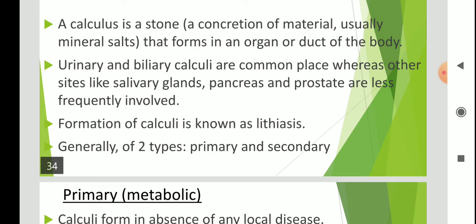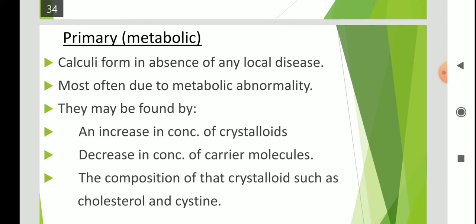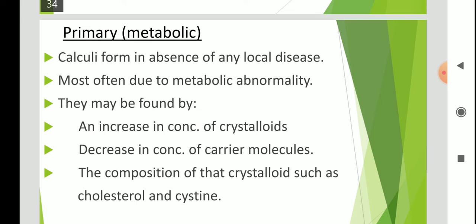Basically there are two types, primary and secondary. Primary is metabolic. This is general calculi formation in the body, not only gallstones. Calculi form in the absence of any local disease, most often due to metabolic abnormality. They may be due to an increase in concentration of crystalloids, or a decrease in concentration of carrier molecules, with crystalloids such as cholesterol and cysteine.